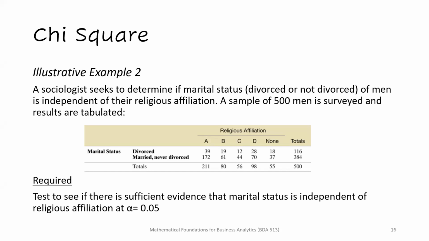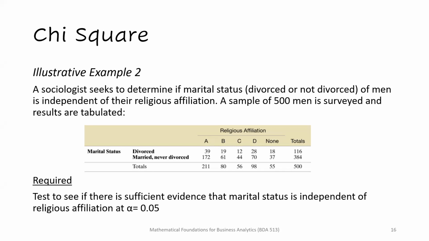For category C, we have 12 and 44. For D, we have 28 and 70. And for none, we have 18 and 37.